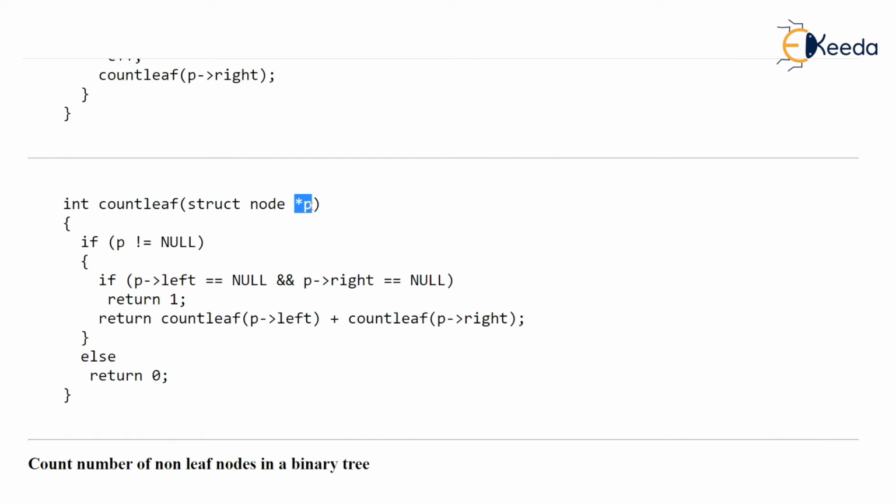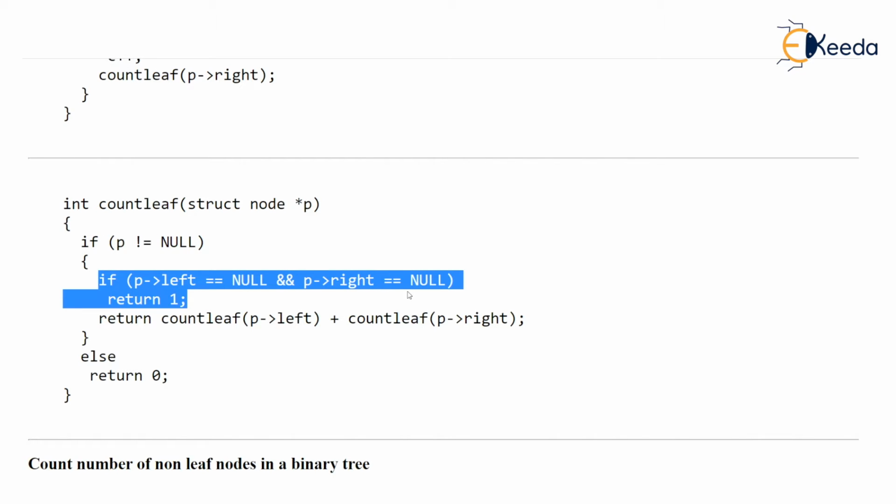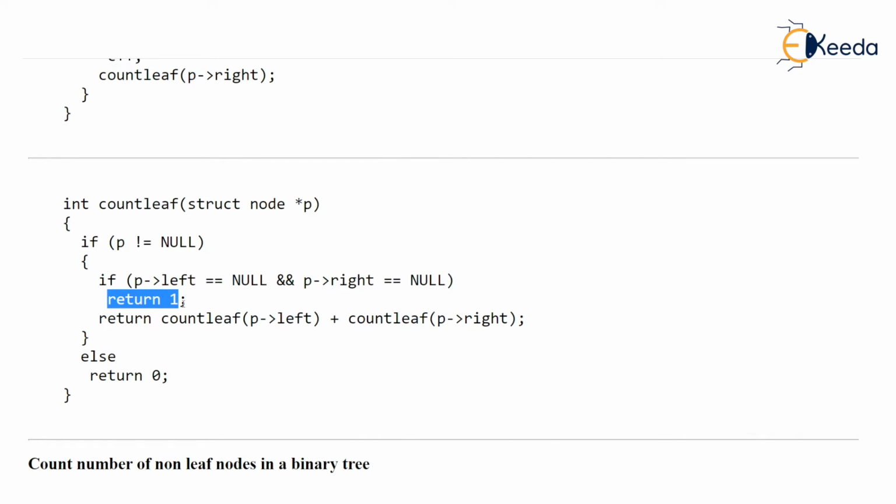Literally the same code, if p not equal to null, but you notice the if statement was written here on top. If both right and left are null, then return 1. Now, if left and right are null, then we have encountered one leaf. Currently, we have encountered a leaf. So we simply return 1.